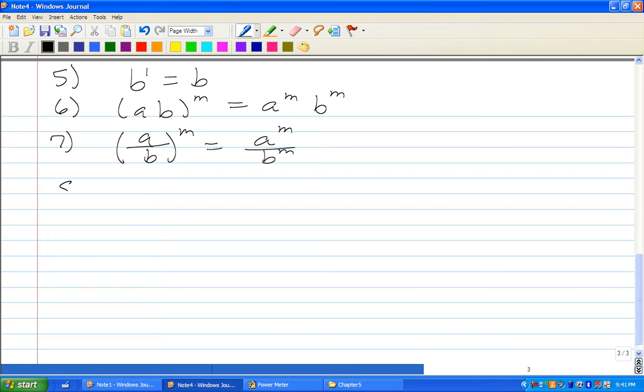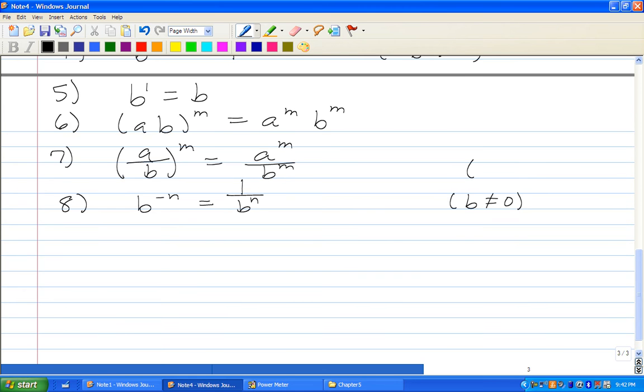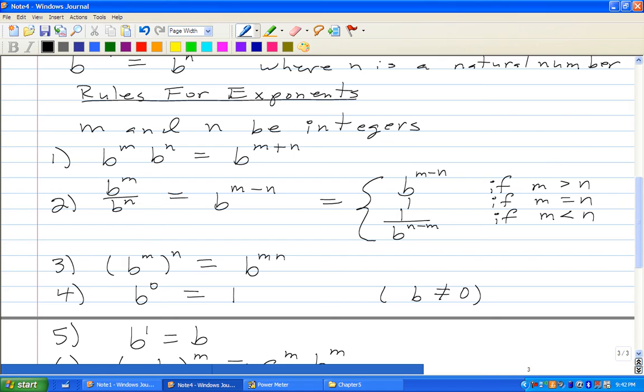Next, b to the minus n equals 1 over b to the n. And again, you're assuming that this exists. So if n is an integer, then I'm assuming here that b is not 0.